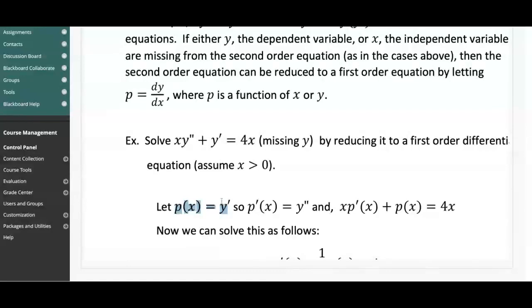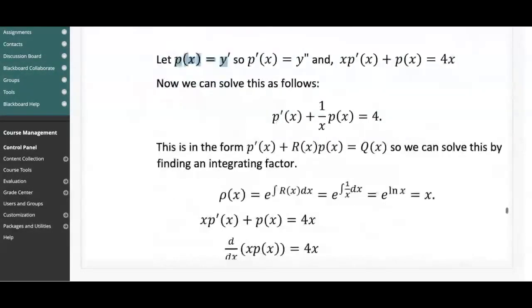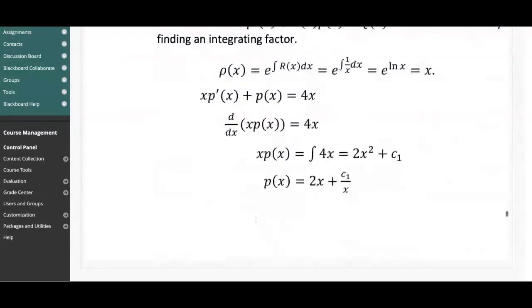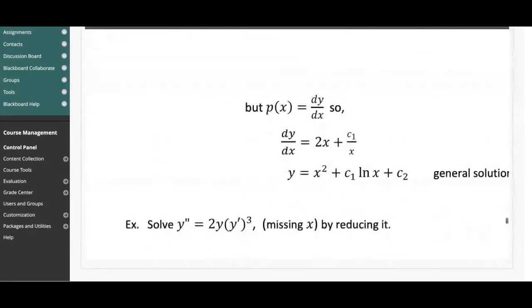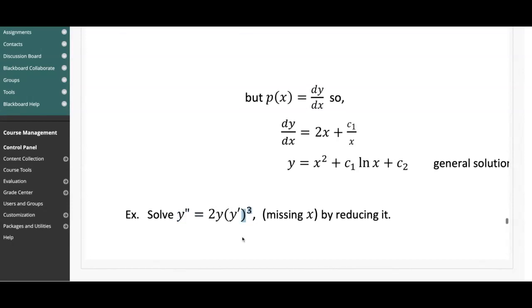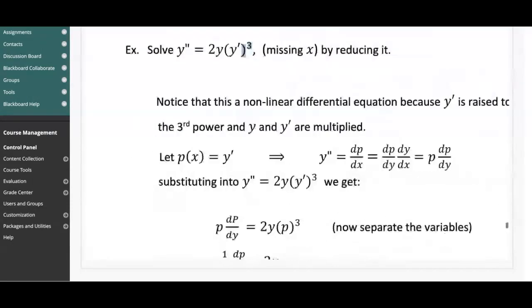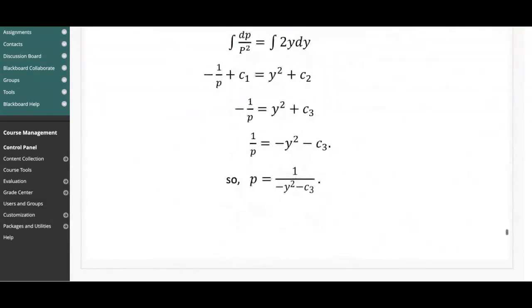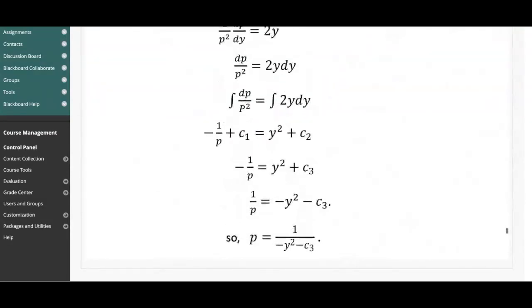We let a function represent the first level of differentiation. Once we get an answer for that, the second order equation will be reduced to a first order differential equation. Then we can solve. For higher order, we can just mimic this reducing method. Okay, that's all I have to say.